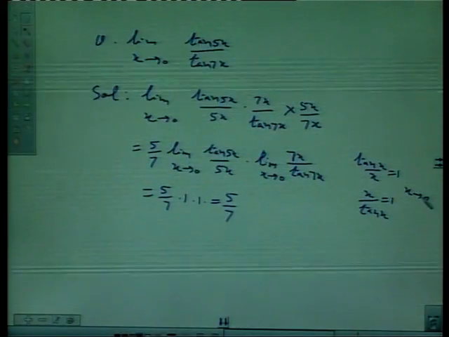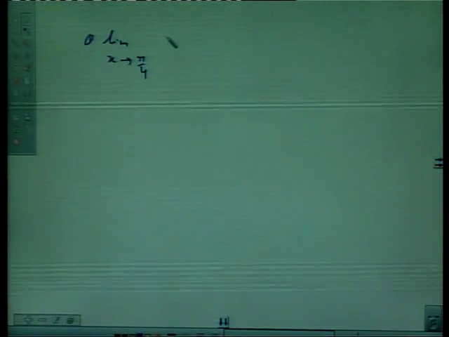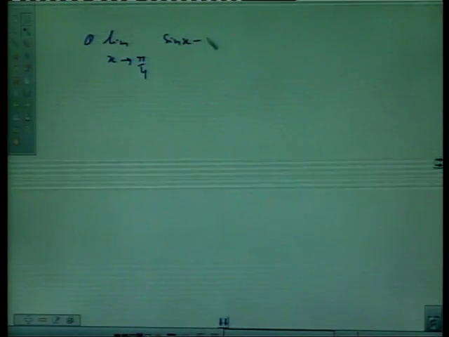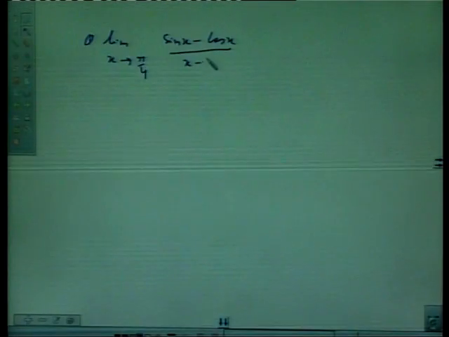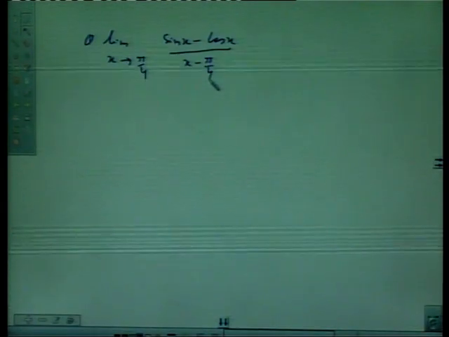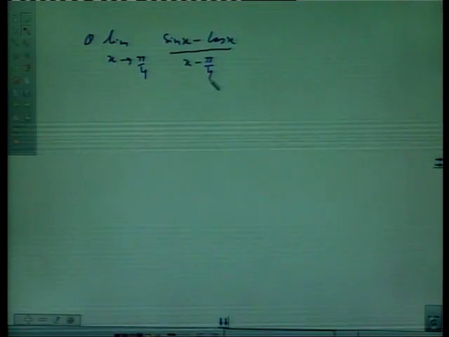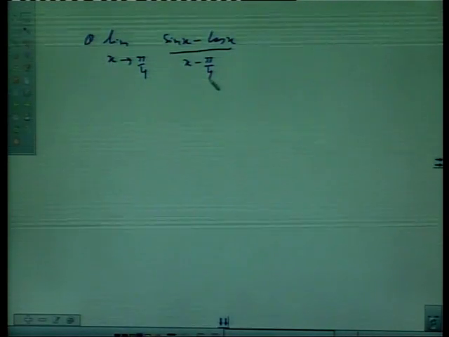The question is: limit x tends to pi by 4, sin x minus cos x upon x minus pi by 4.